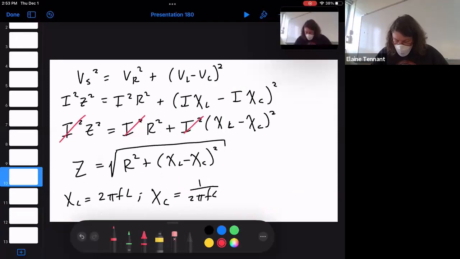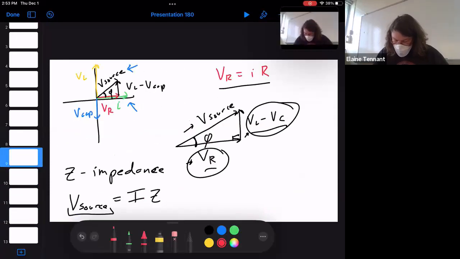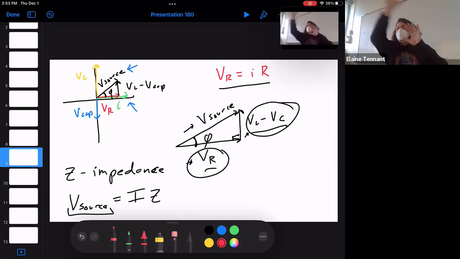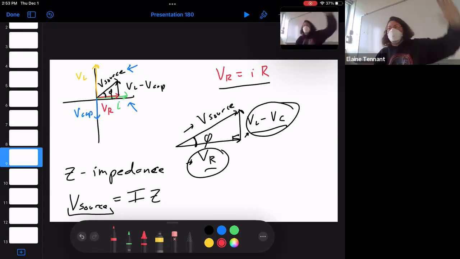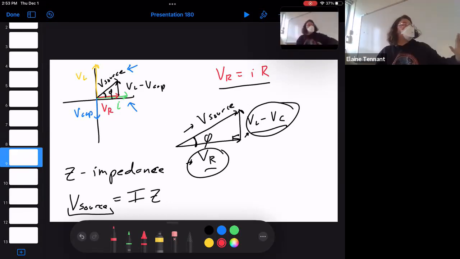Because with this picture, all these things are rotating at whatever angular speed we have, but the relations between them are going to stay the same. VL is always going to be 90 degrees ahead of the current, and so they'll just circle like that. Which is why we don't draw it as a circle, because you really don't need to know what it is at any one point in time. We just need to know the relationships between them.